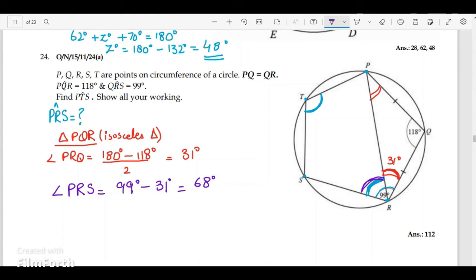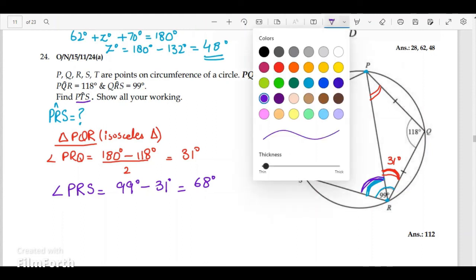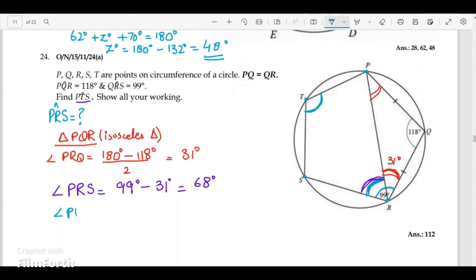Now coming back to the real thing, that was PTS. For angle PTS, we know that PTSR is a cyclic quadrilateral.